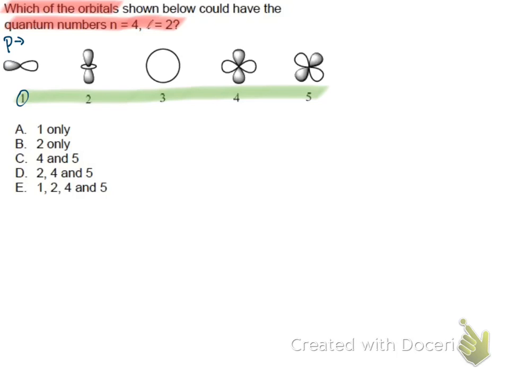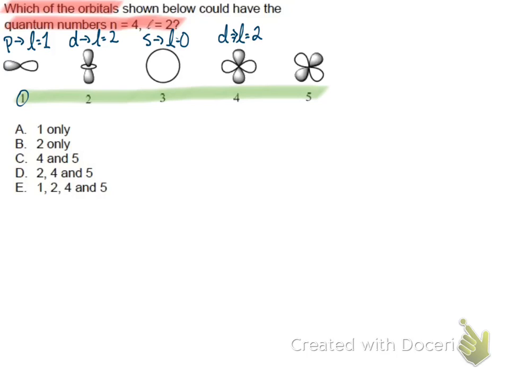And we know that p orbitals are associated with L equals 1. Shape 2, that's a d orbital. That's L equals 2. Choice 3, this circle, that's an s orbital. We know that's L equals 0. Again, for choice 4, we have a d orbital. That's L equals 2.